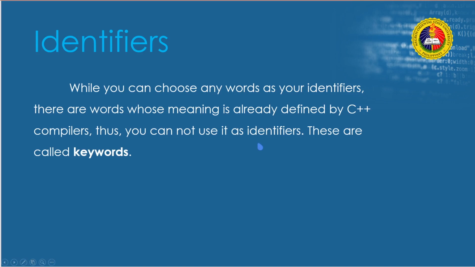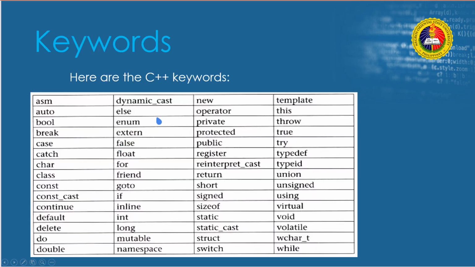So these are called C++ keywords. These words cannot be used as identifier. You can use your name as your identifier, but you cannot use these: asm, auto, bool, and so on, because these words already have a meaning inside the C++ compiler.